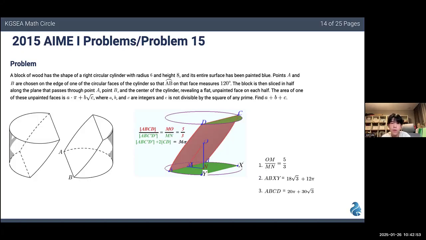And so the ratio of stretching, OM to MN, is equal to 5/3. Since we can use the 30, 60, 90-degree triangles and circular sectors to find the area of ABXY, which is 18√3 plus 12 pi, the area of section ABCD is 20 pi plus 30√3. And so our answer is 20 plus 30 plus 3, which is equal to 53.